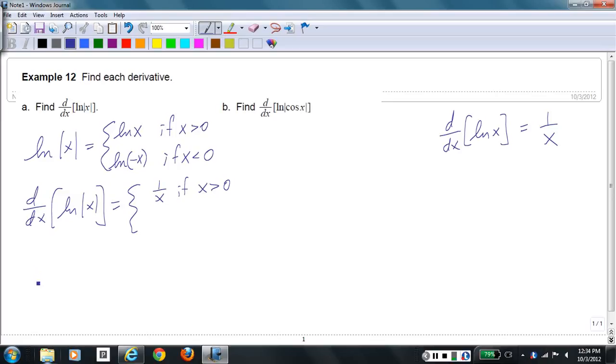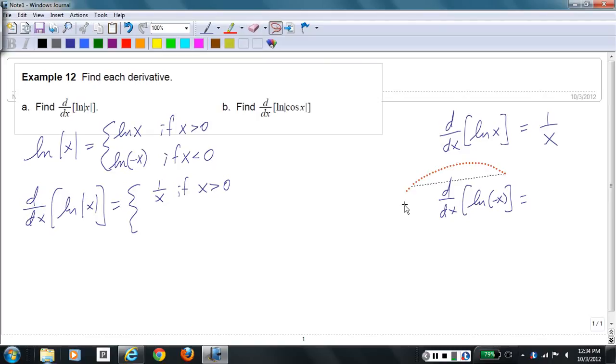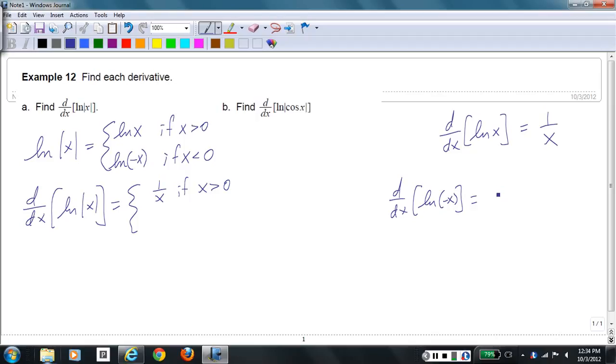And if x is less than 0, we can use the chain rule to differentiate that expression. So let's find, kind of off in the margin somewhere, d/dx of the natural log of negative x. I guess I should scoot it over just a little bit, give myself enough room here to apply the chain rule. The derivative of the natural log of the expression is 1 over that expression times the derivative of that expression.